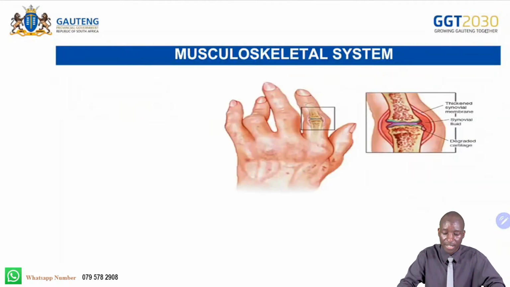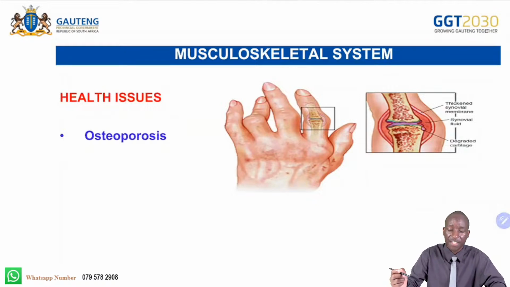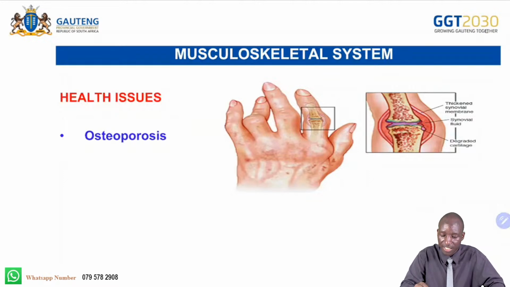What else? We've got what is called osteoporosis. What is osteoporosis? This one affects the synovial membrane of our ligaments. What causes it is that the cartilage becomes degraded. As you can see there, that's where our cartilage is supposed to be, so that the bones are held tightly and are free to move around and hold the muscles together.